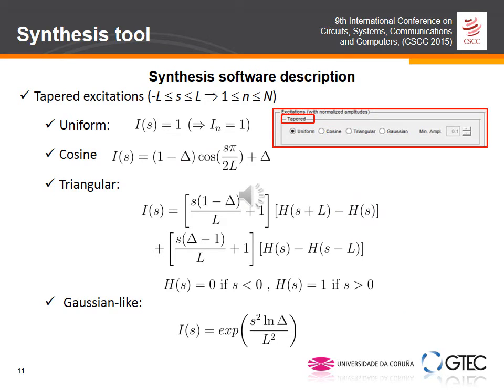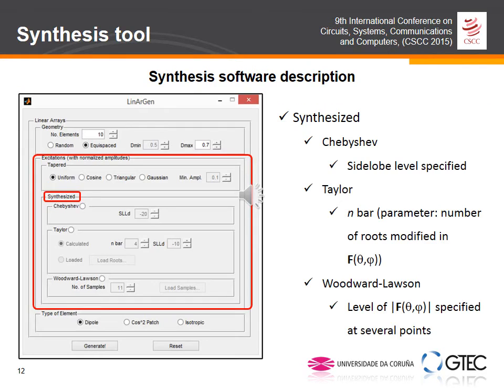To design the excitation of the elements, we can choose specific functions such as uniform, cosine, triangular, or Gaussian shape for the arrayed amplitudes. It is also possible to use synthesized functions such as Chebyshev, Taylor, and WL.